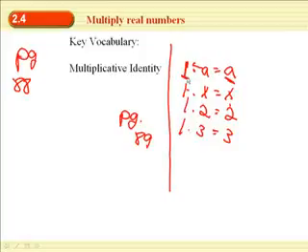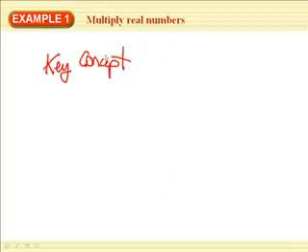All right, let's go on. The next thing, we're going to talk about multiplying real numbers, and there is a key concept box, and I wish the key concept box were on the PowerPoint, so I wouldn't have to write them.